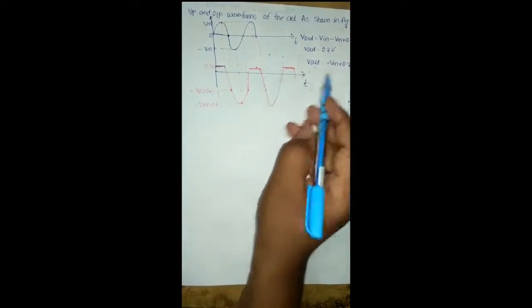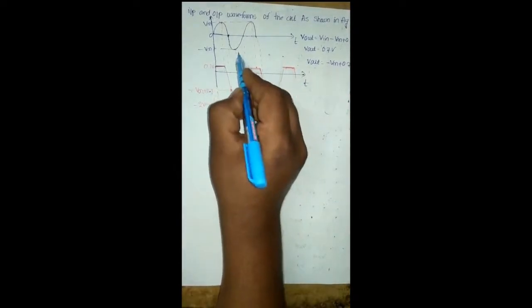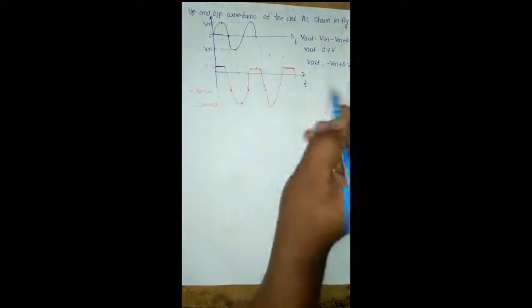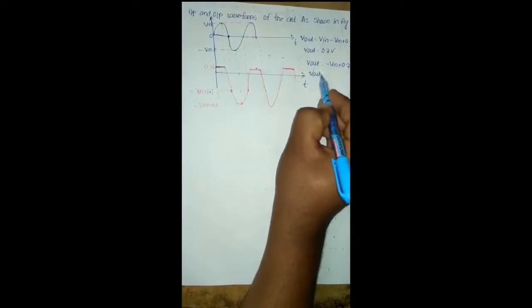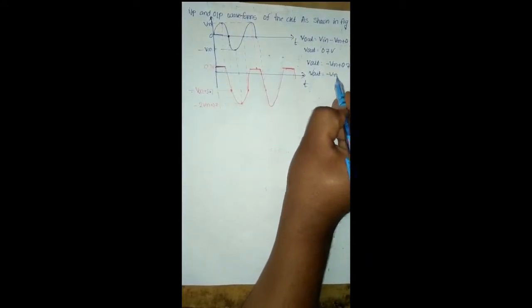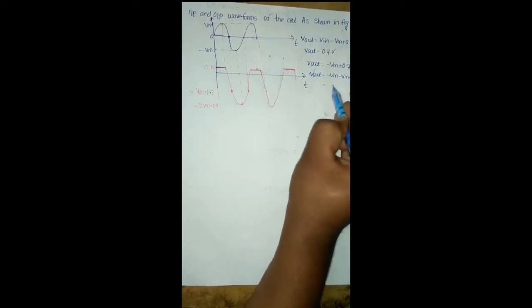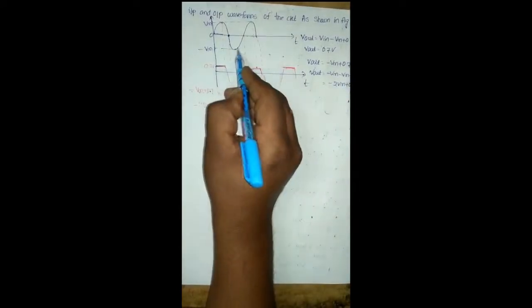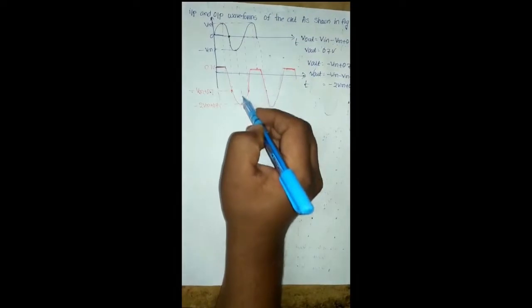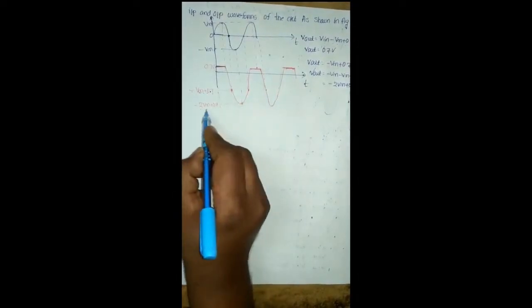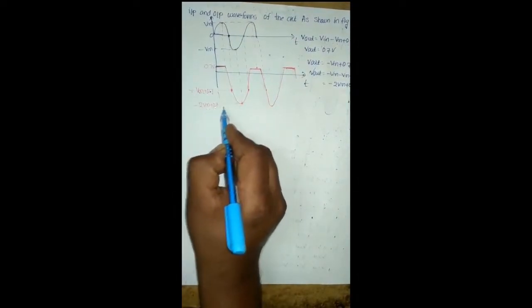For example, if we give the input voltage equal to minus Vm, then Vout equals minus Vm plus 0.7 volts, plus the input, so we get output voltage equal to minus 2Vm plus 0.7 volts. At that instant, the output voltage of the negative clamper circuit is minus 2Vm plus 0.7 volts.